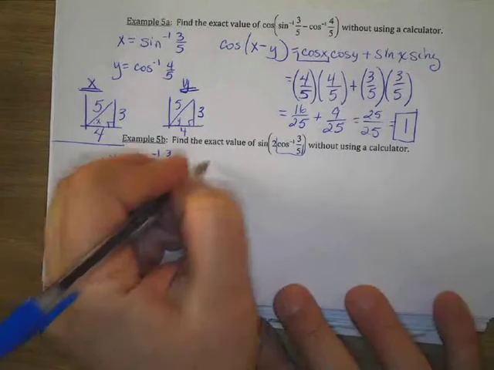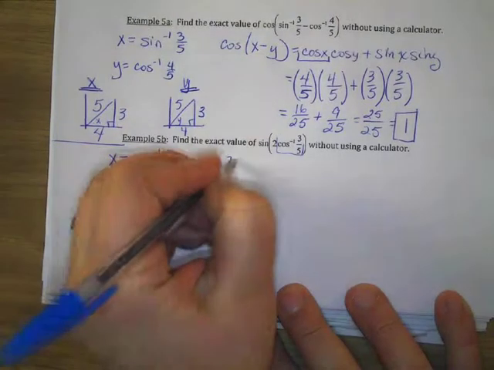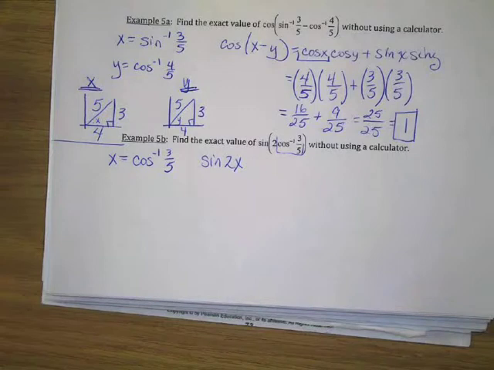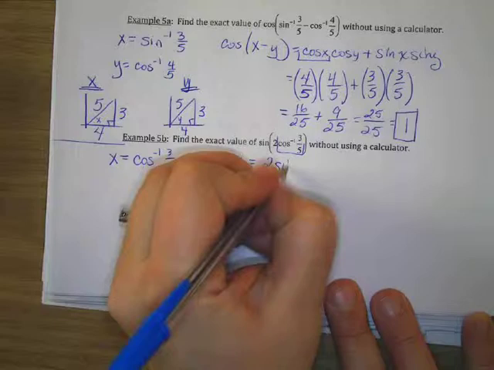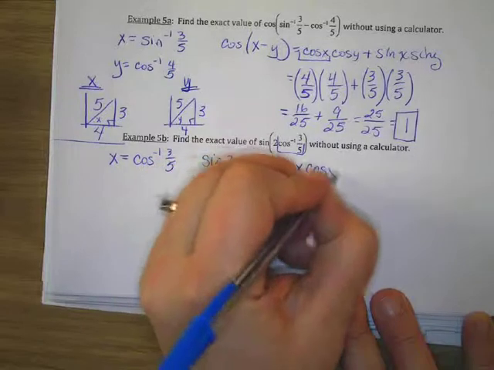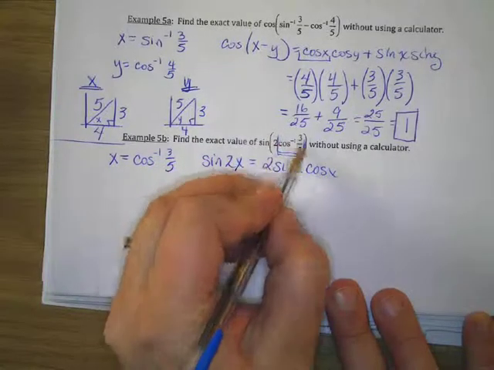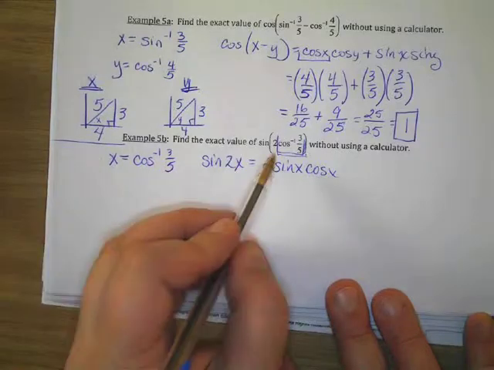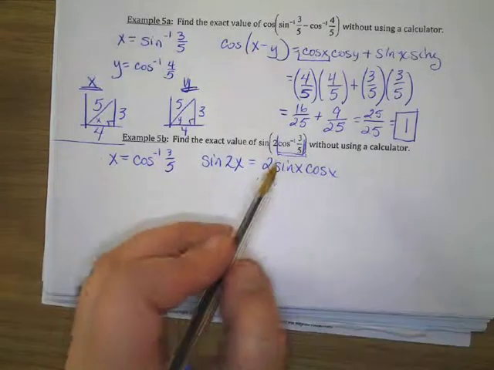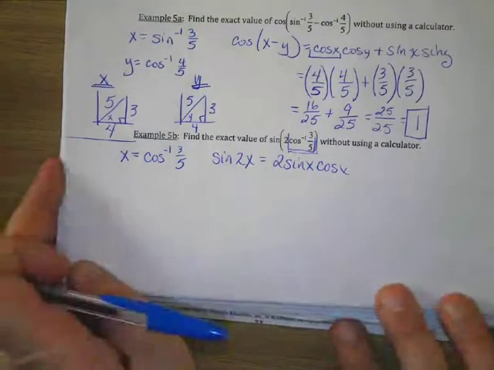So really what we have now is the sine of 2x. Well, sine of 2x, we have an identity for that. What's the sine of 2x equal? Yeah. I replace the inverse cosine with x. I let x equal that. So instead of writing inverse cosine, I just put an x. Is that okay? Okay.